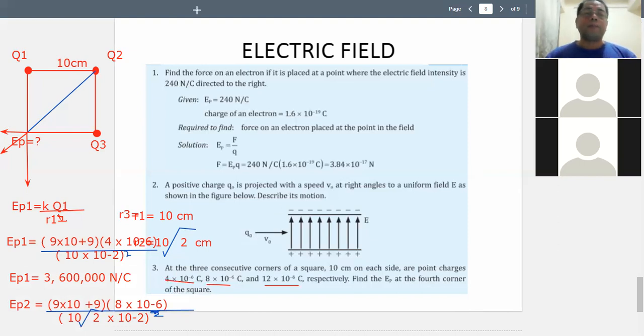How much is E sub P number 2? Same, sir. The denominator did not change, and our charge doubled from 4 to 8.